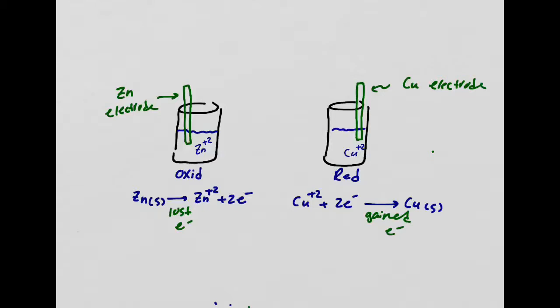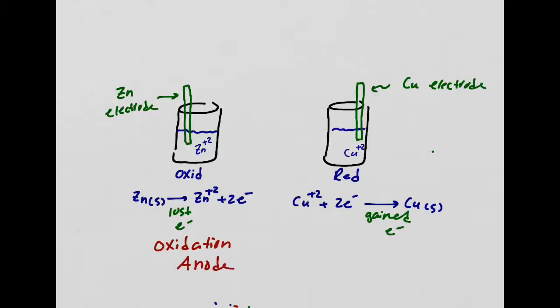Alright. Now, remember this. We have oxidation, which loses electrons, it gives that electron. And reduction, which accepts the electron. Now, this one is my oxidation beaker, and we call that the anode.